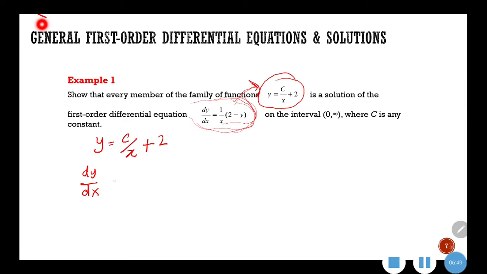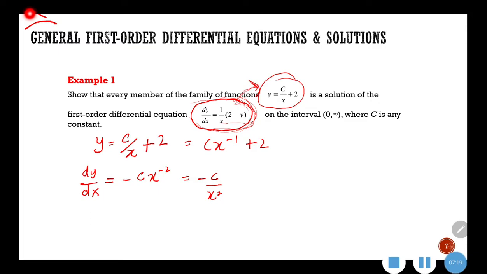Dy over dx of this will give us c x to the power of negative 1 plus 2, so that you can see it more clearly. Differentiating c x to the power of negative 1, you get negative c x to the power of negative 2, which is equal to negative c over x squared. So dy over dx is equal to negative c over x squared.